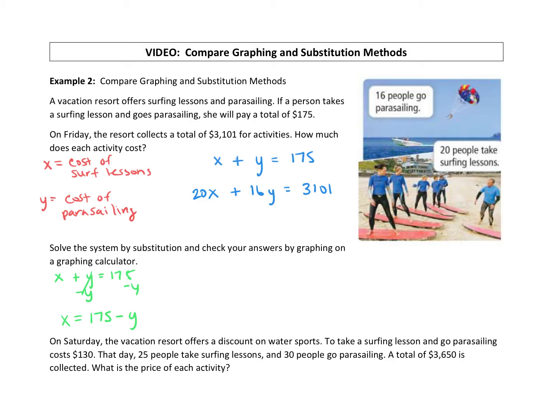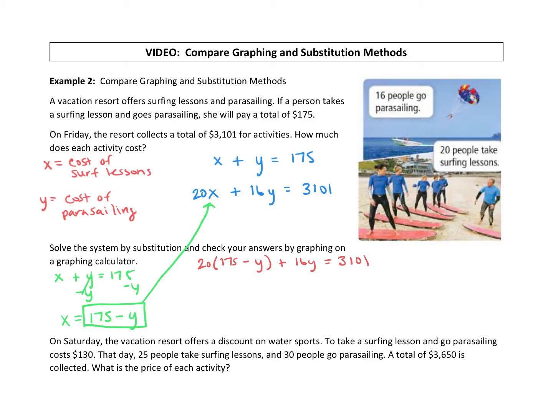Now that I have x alone, I'm going to substitute it into the other equation for the x. So it's going to go in right there. I'm going to write our new equation: 20 times (175 minus y) plus 16y equals 3,101.